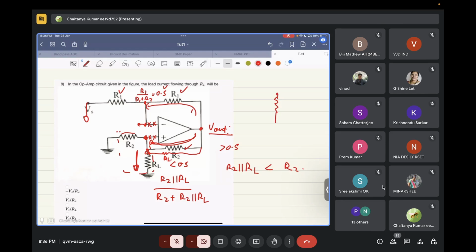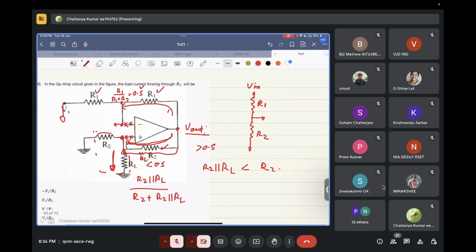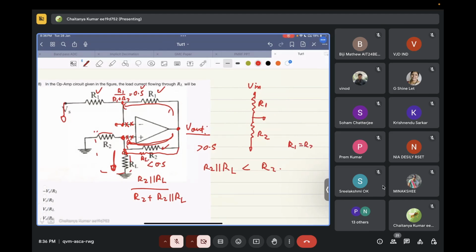Just as a back-of-the-hand rule, you can remember this. If there is a resistive divider between two inputs, let's say this is R1 and this is R2, let's tabulate this. If R1 equals R2, Vout by Vin is equal to 0.5. If R1 is greater than R2, then Vout by Vin is less than 0.5.